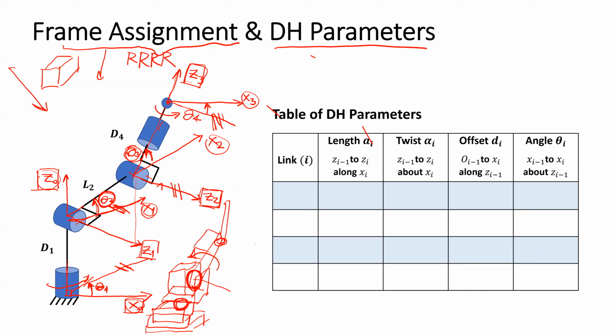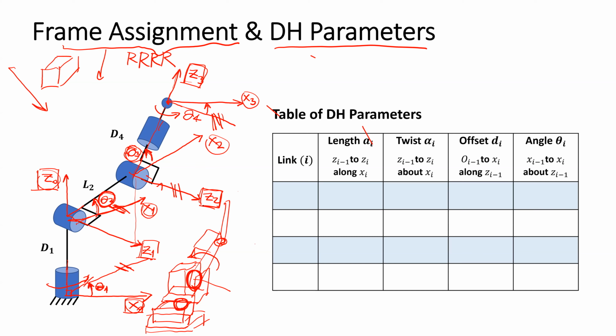frame attachment, how can we derive the DH parameter that corresponds to each link? Please don't worry, okay? I understand that you need to take time to review how to attach the frame and how to obtain the DH parameter.